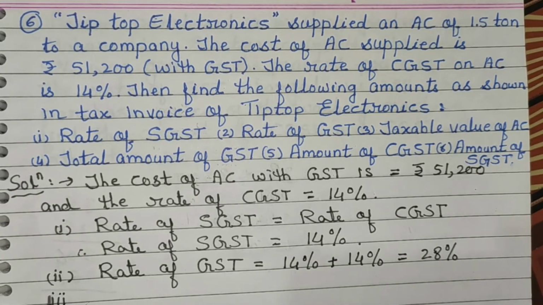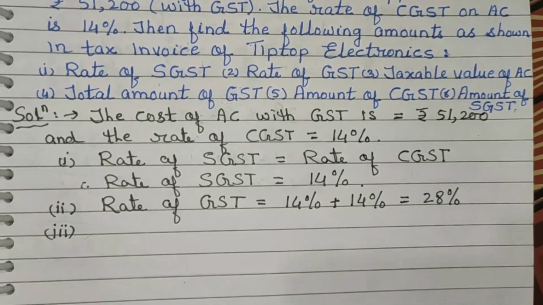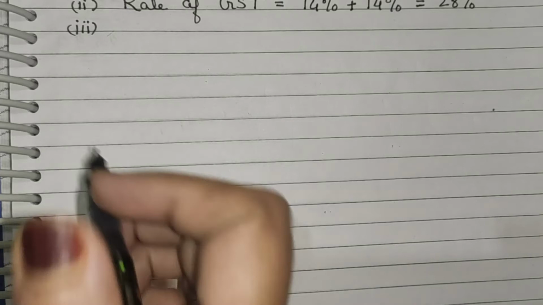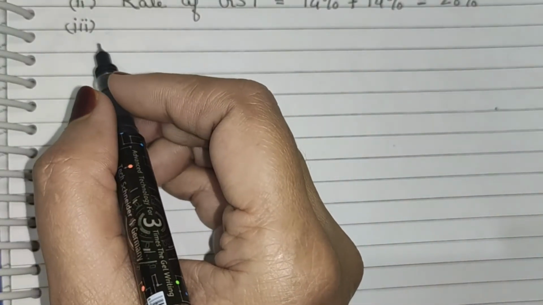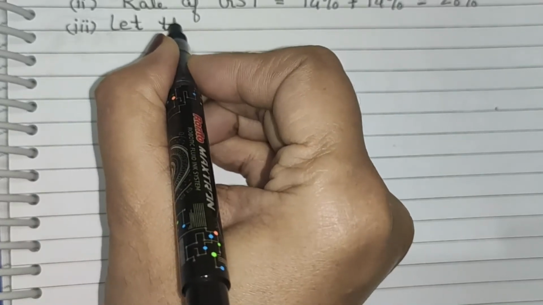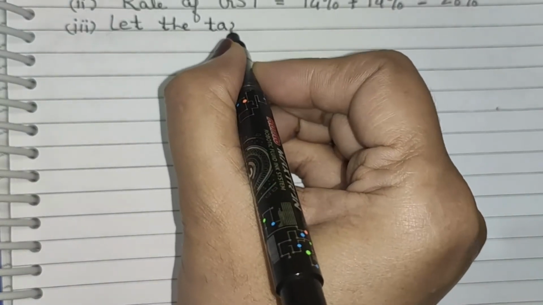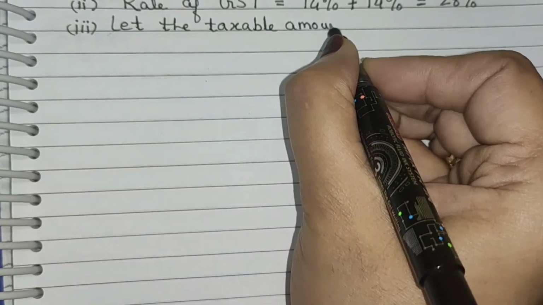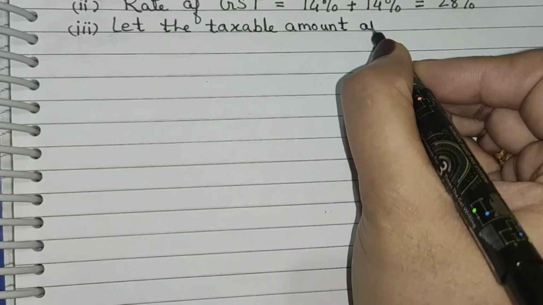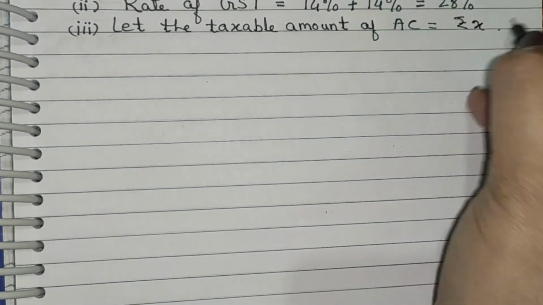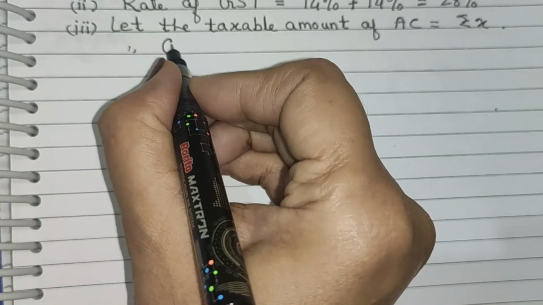Now the third one, taxable amount of AC. Let the taxable amount of AC be rupees x. Now find out GST.